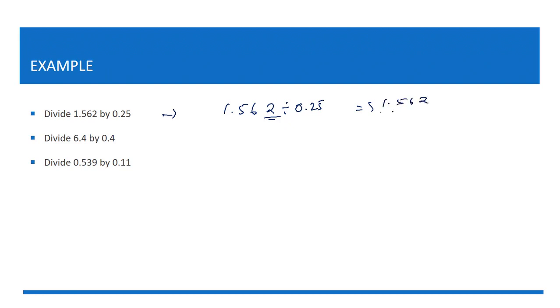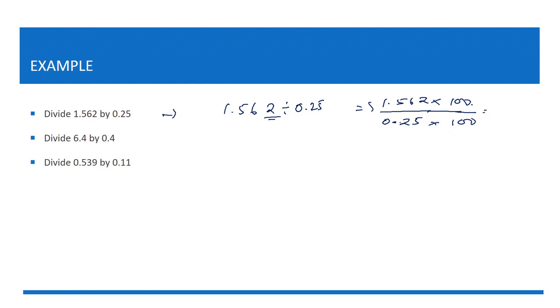Multiply and divide based on this denominator. After the decimal point there are 2 digits, so I will multiply both with 100 and 100. The numerator and the denominator should be multiplied by the same number.